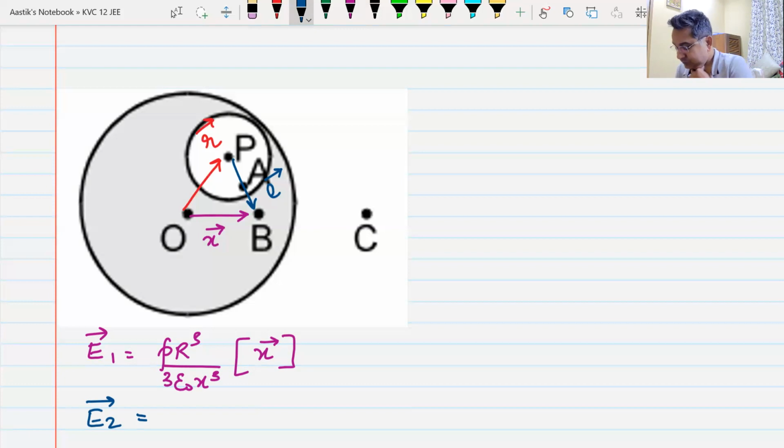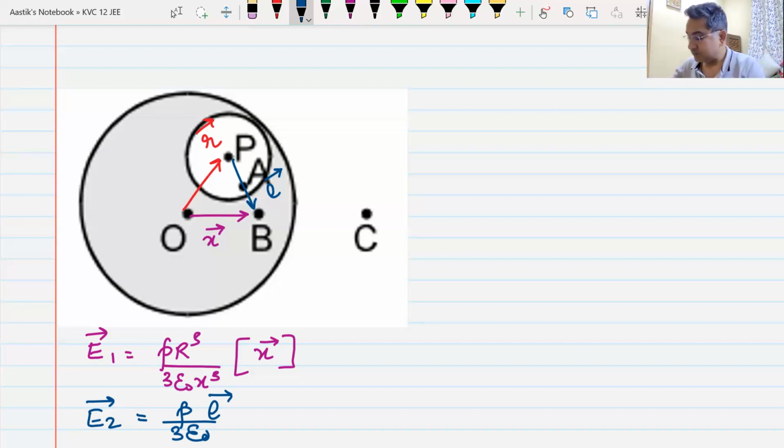Rho by 3 epsilon naught into L cube. This one? Sir, don't you think we have written it in the reverse order?